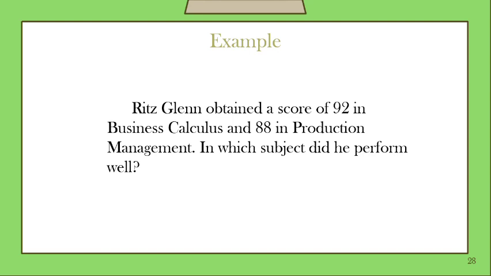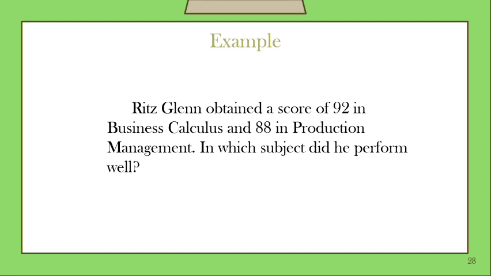And Rich Glenn's score of 92 in business calculus might mean that he answered 92 in a 100 item quiz, or pwede namang 92 out of 95 or 92 out of 200.